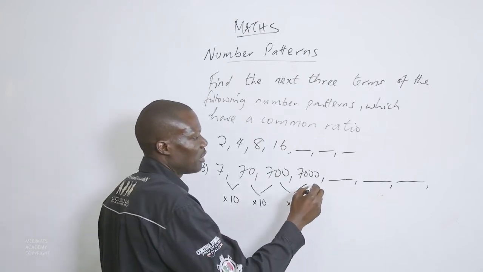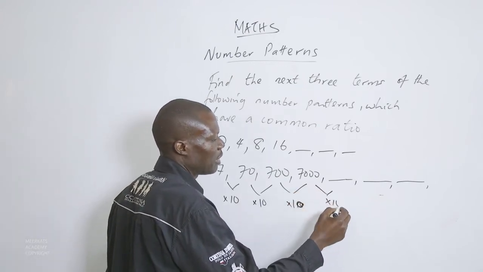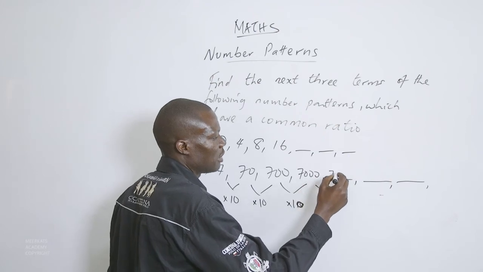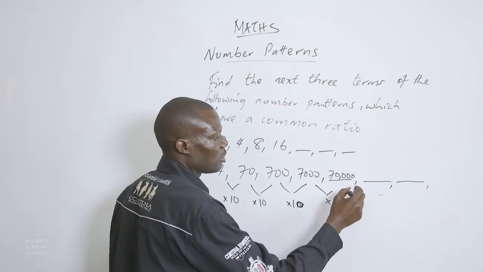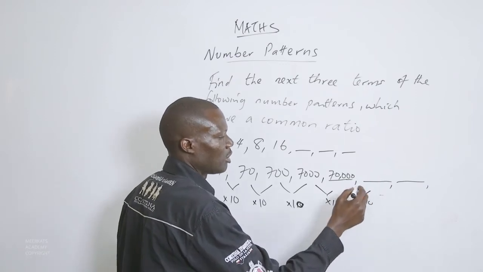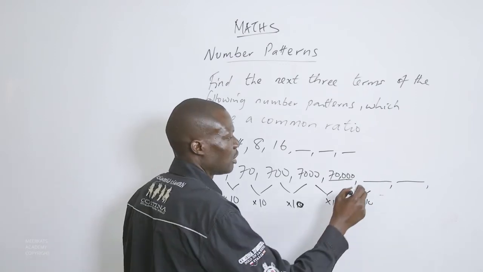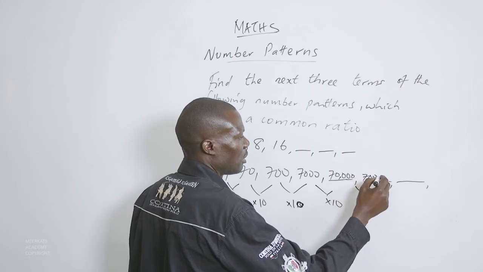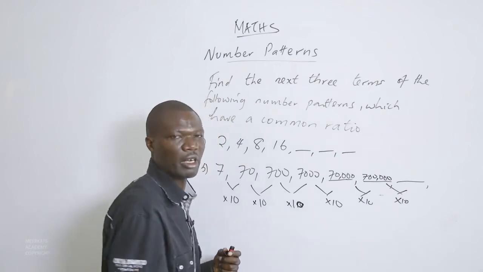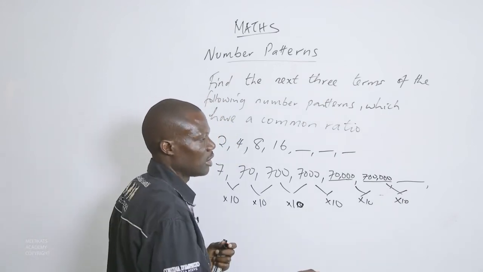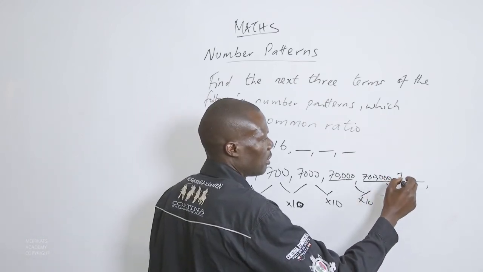Which means 7,000 should be multiplied by 10 to get 70,000. 70,000 should be multiplied by 10 to get 700,000. 700,000 should be multiplied by 10 to get 7 million.